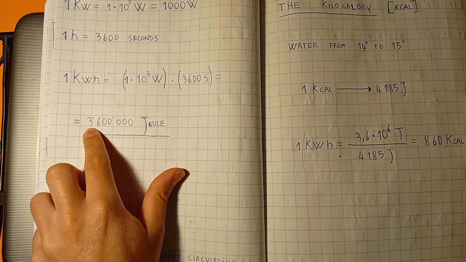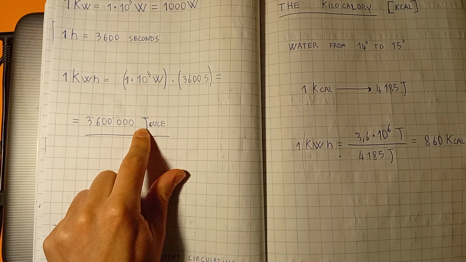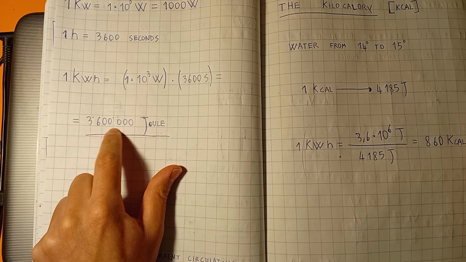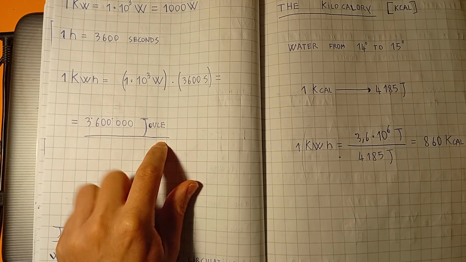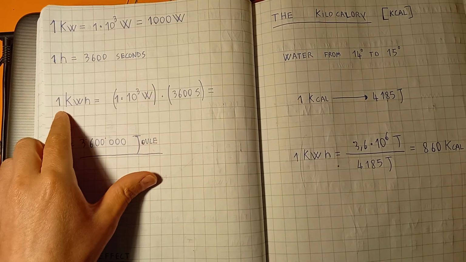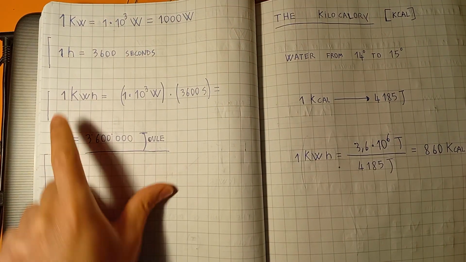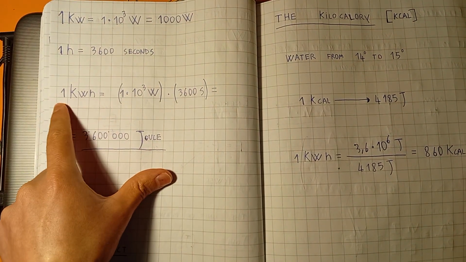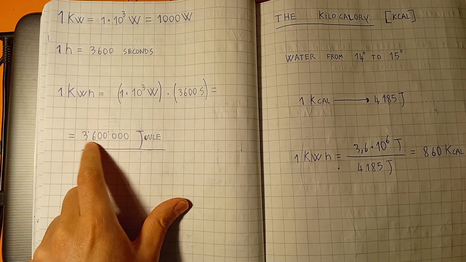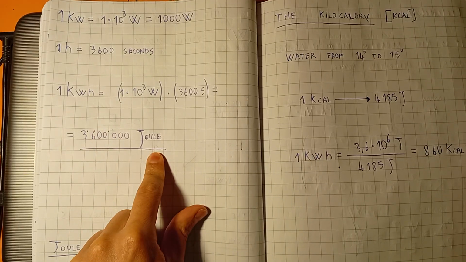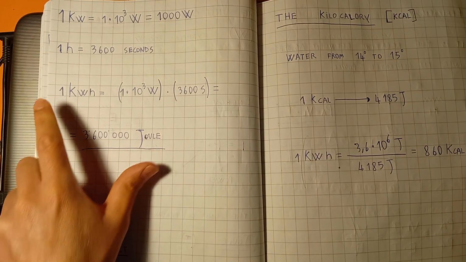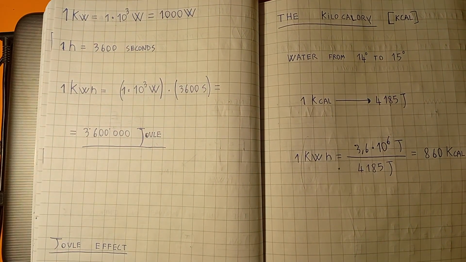3,600,000 joule. This is 1 kilowatt hour. This is why it is more convenient to use kilowatt hours instead of joule, because you see 1 kilowatt hour is equal to 3,600,000 joule. So yes, it is more convenient to use this.